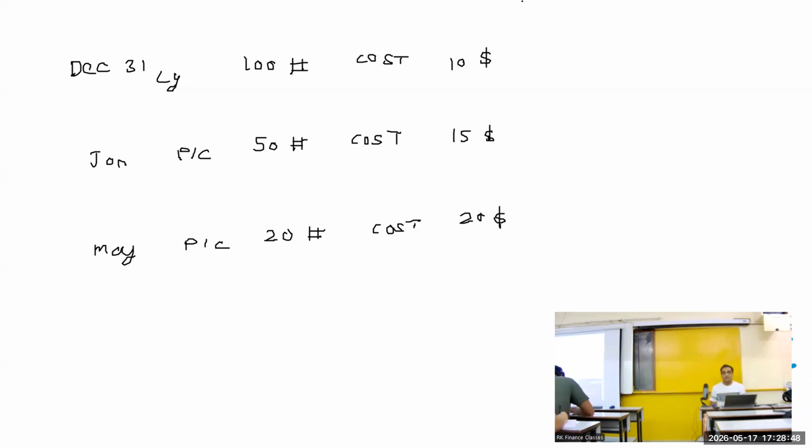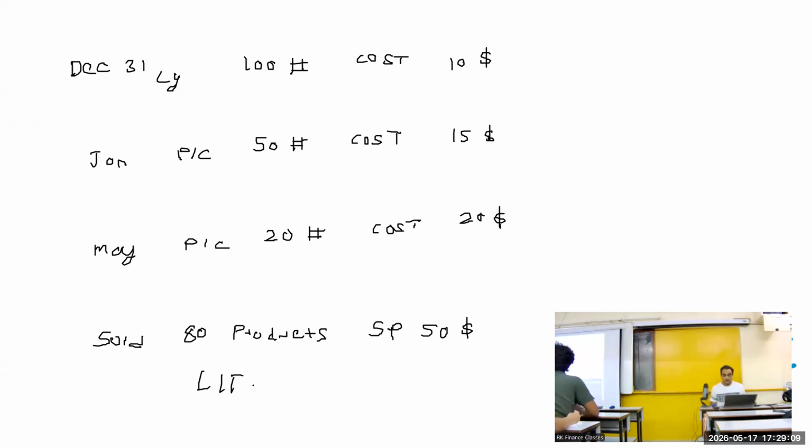Okay, I sold during the year 80 products for a selling price of $50 each. I'm an American company. I'm going to use LIFO. Please calculate my profit.